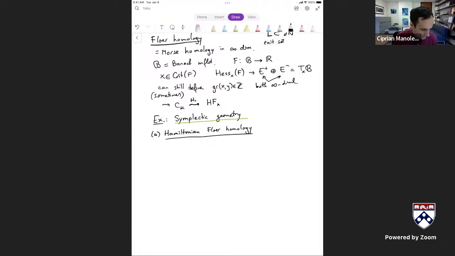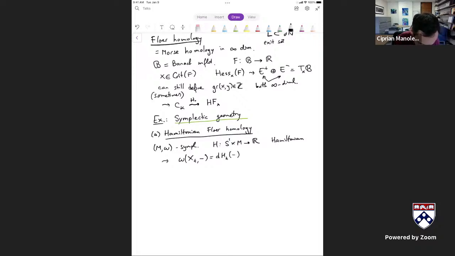And what is this? If we have a symplectic manifold (M, omega) and some time-dependent Hamiltonian, so S1 is the time coordinate. Then we construct the Hamiltonian vector field like this.